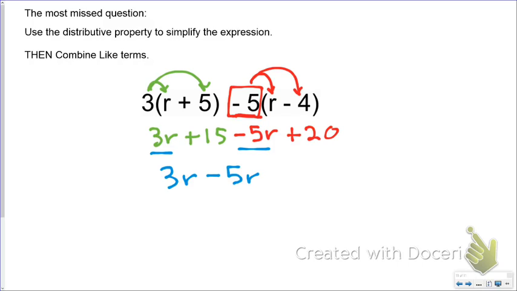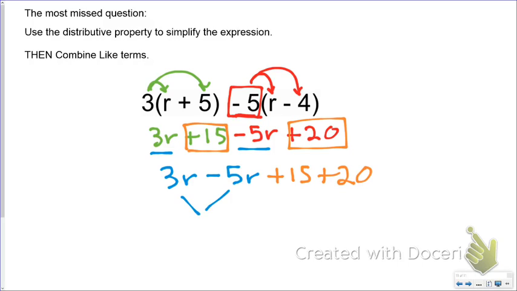And notice now how the 15 is a constant and so is the 20. So we've got 15 plus 20 here. Now I can combine. 3r minus 5r is negative 2r. And 15 plus 20 is 35.